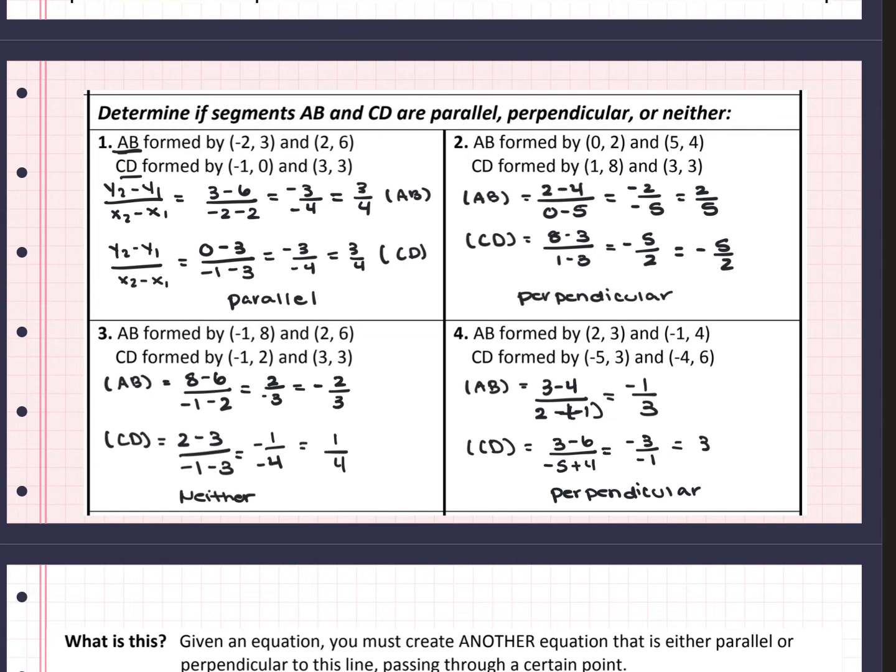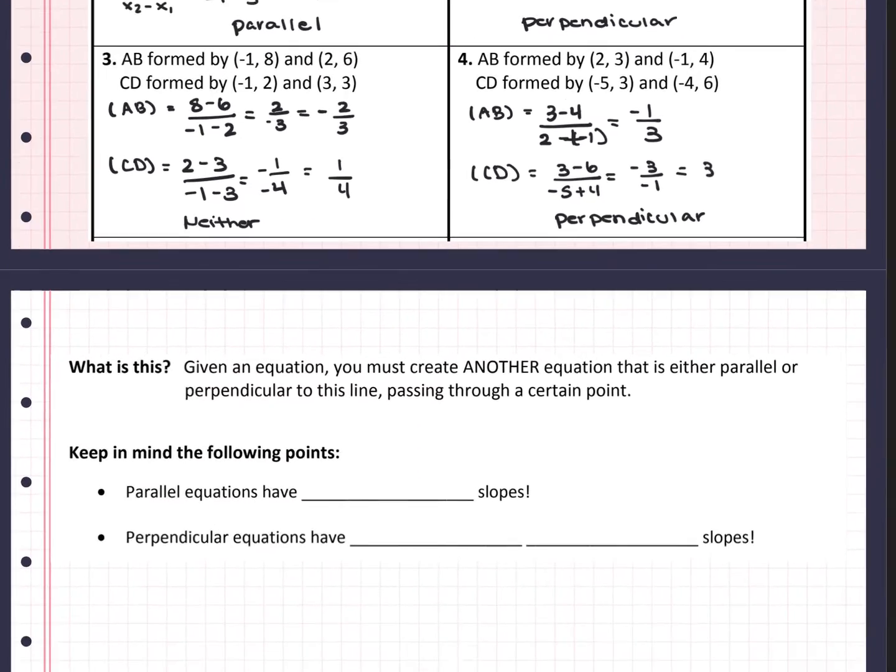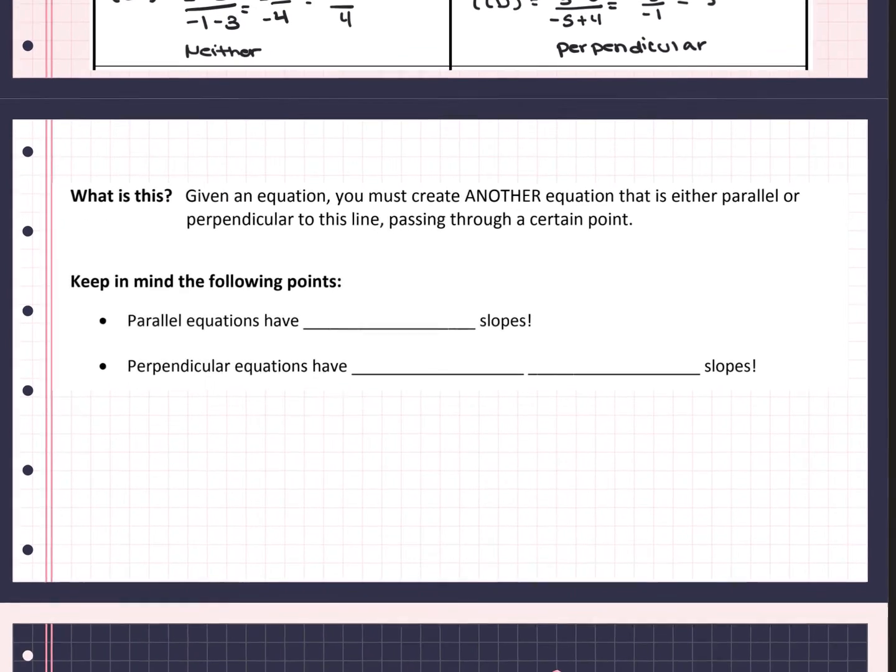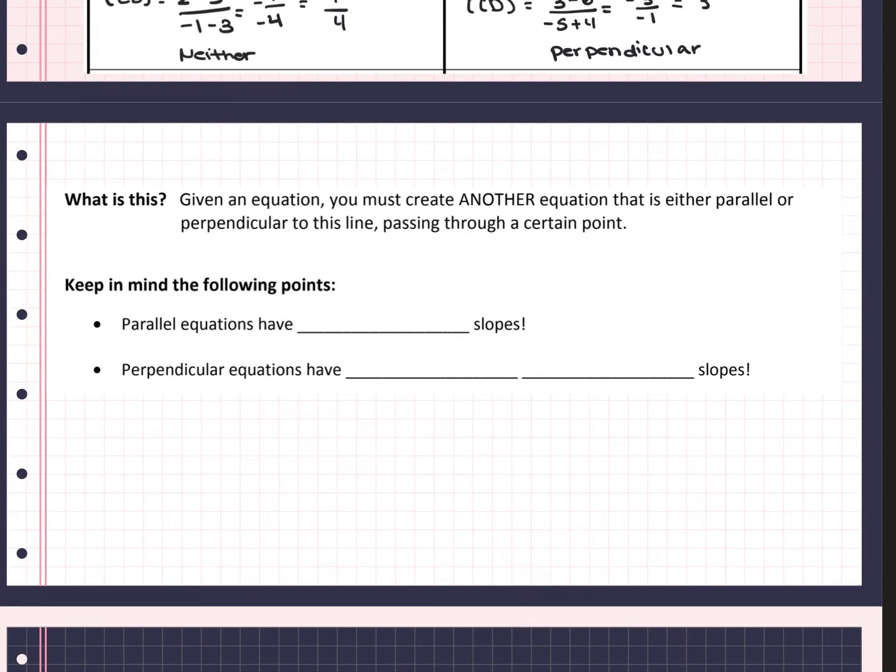All right. So now we're going to take this knowledge and apply it to writing equations. We're going to take the knowledge that we have of writing equations of parallel and perpendicular lines, and the understanding that parallel lines have the same slope, and perpendicular lines have opposite reciprocals. When given an equation, you must create another equation that is either parallel or perpendicular to this line, passing through a certain point.